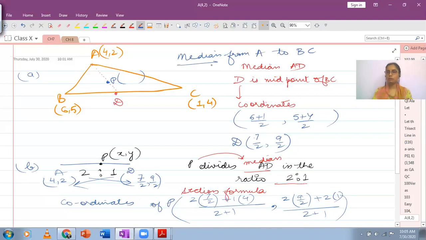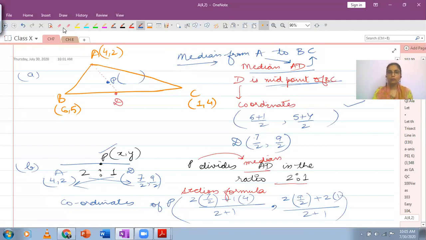This is what was given, median from A to BC. So the name of the median is AD. It came from A and goes up to D, and D is actually the midpoint of BC. With the help of this, you were able to find out the coordinates of D. Once you have the coordinates of D, you were able to find out the point P on this line segment, which divides the median into ratio 2:1.